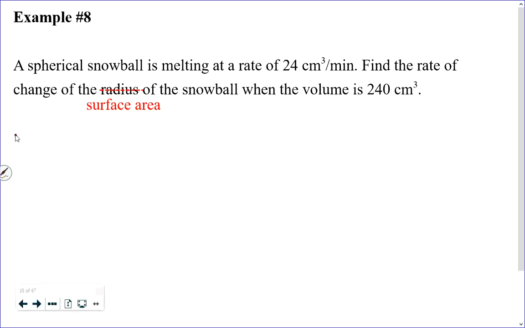If you're told the snowball is melting at a rate of 24 cubic centimeters per minute, then dV/dt, pardon me, dV/dt is negative 24, right? The rate of change of the volume is negative because it's melting. We have to understand the English language a bit. And we have to find dA/dt.